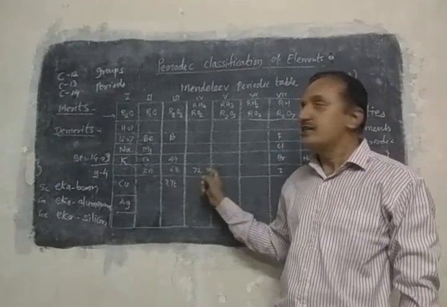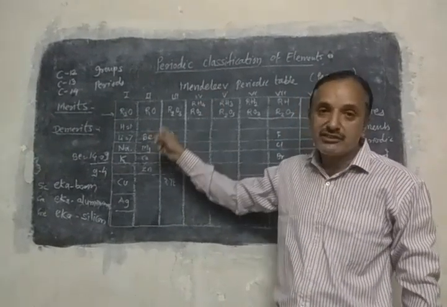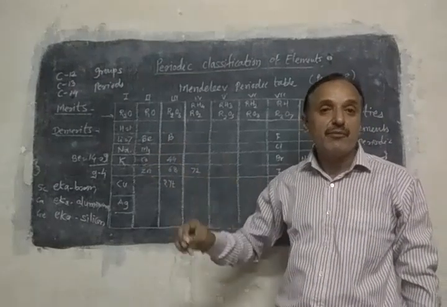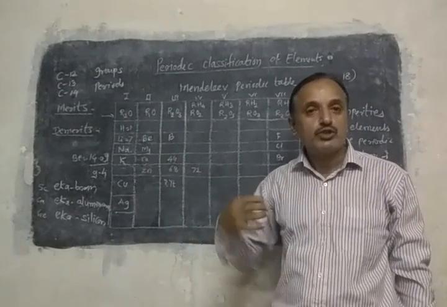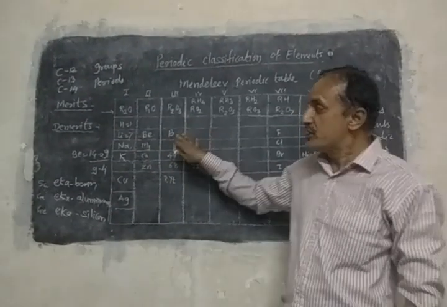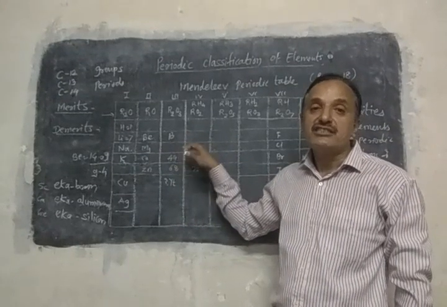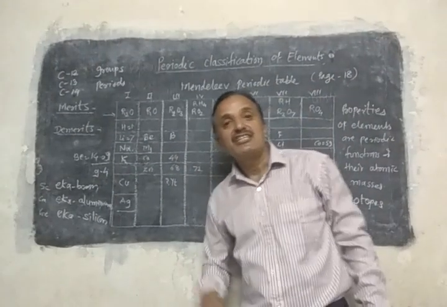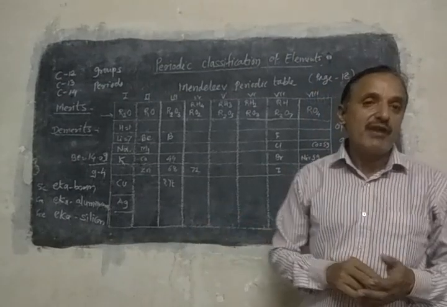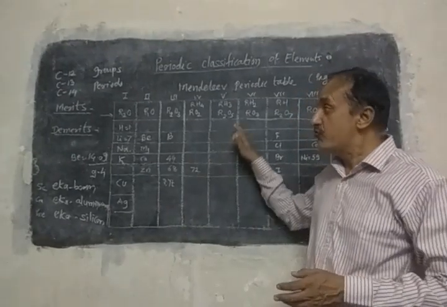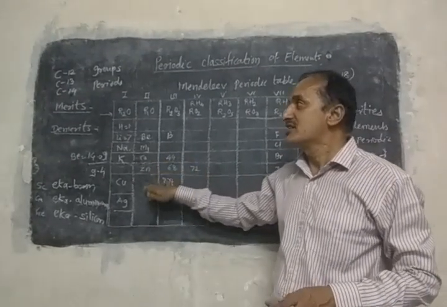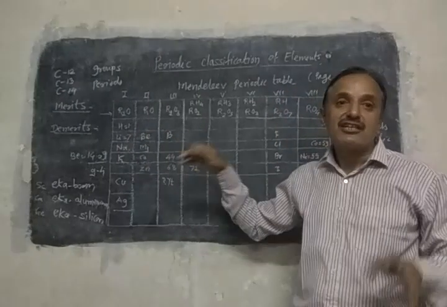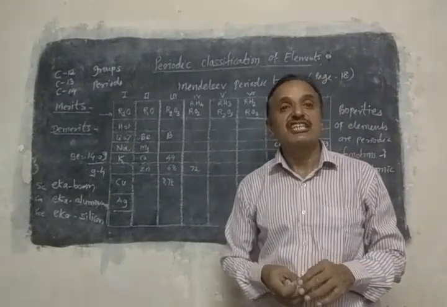As the table is based on atomic mass number, each and every element, even if it is an isotope, should be given a place in the table. As the place is not given for the isotope, that was the biggest drawback. So because of these four drawbacks, this whole table is discarded, is rejected.